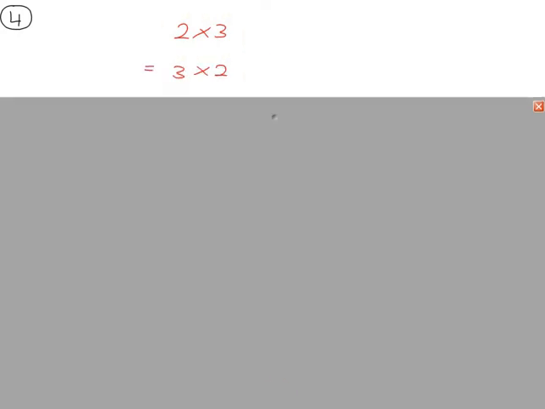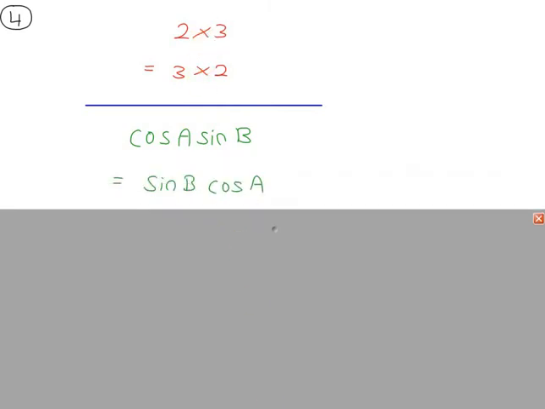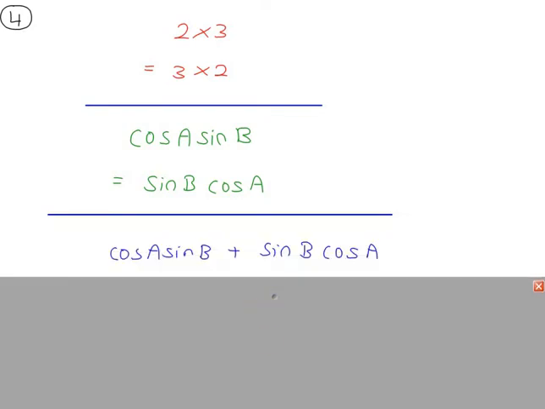Example 4. Now just as you can write 2 times 3 is the same as 3 times 2, so cos A sine B, we're multiplying these two, so I can move the order around just like I did here. So it's the same as sine B times cos A. So if I have something like this, this term and this term are exactly the same.